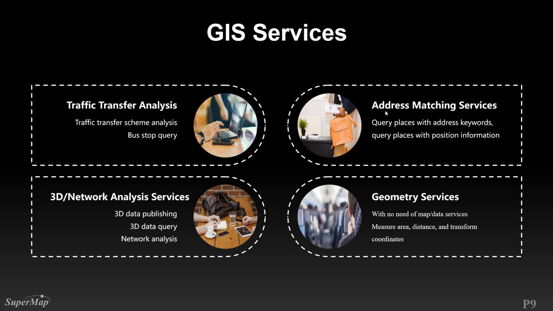What's more, network analysis service is also supported. SuperMap iServer GeoD also added support for the REST geocoding service, which allows the clients to acquire coordinates through the keyword of the address or gain the address through coordinates.